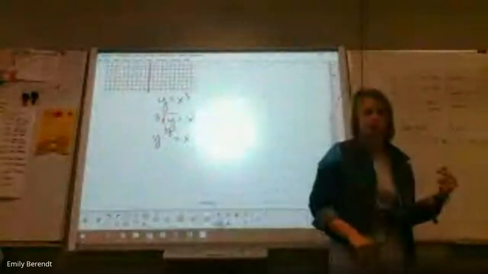Which one do you guys want to plug in? y to the 1/3, so that's your radius, and then you still have to, because it's a circle, square it, and not dx, but dy. Did I put dy on the last one, or did I put a dx? Okay, dy. That's a horrible y. All right, so y to the 1/3 squared, this becomes y to the 2/3.